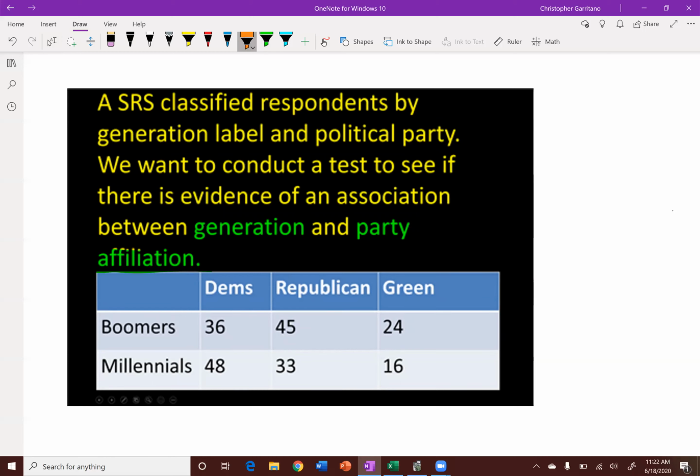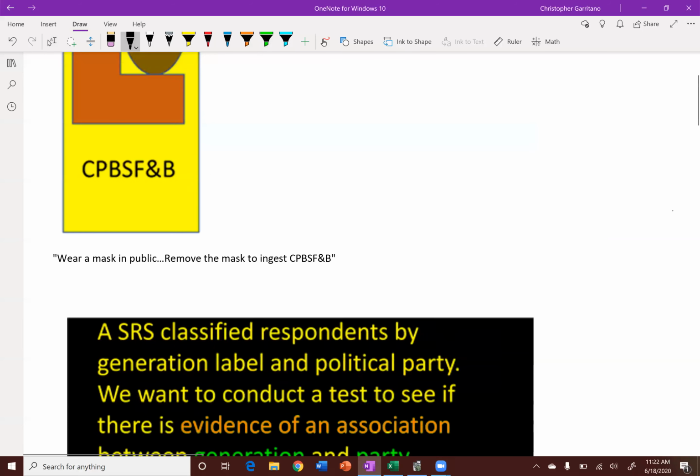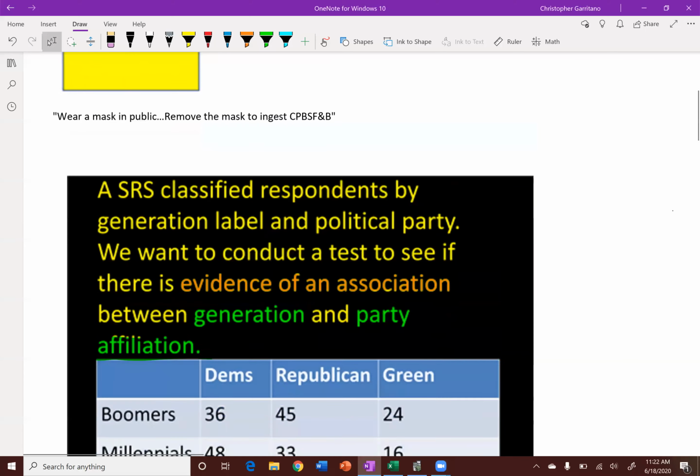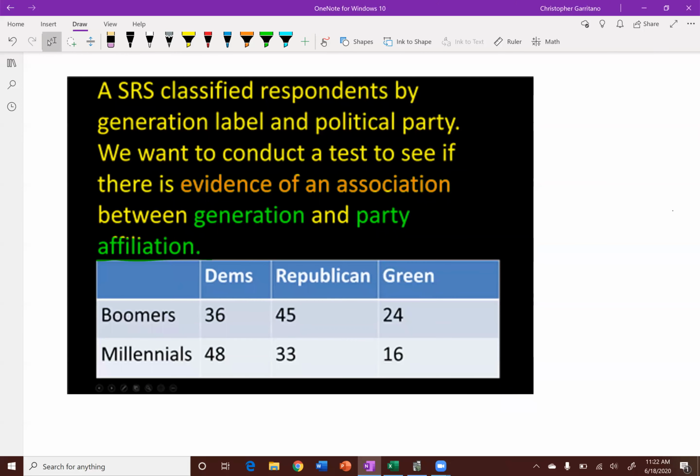And we're asking the question, is there evidence of an association? So that phrase right there that I just highlighted in orange gives us a hint that we are going to do a chi-squared test of independence, or another way of saying that is a chi-squared test of association.